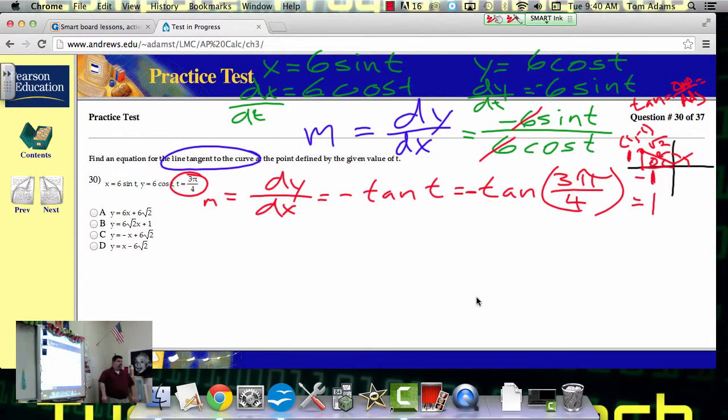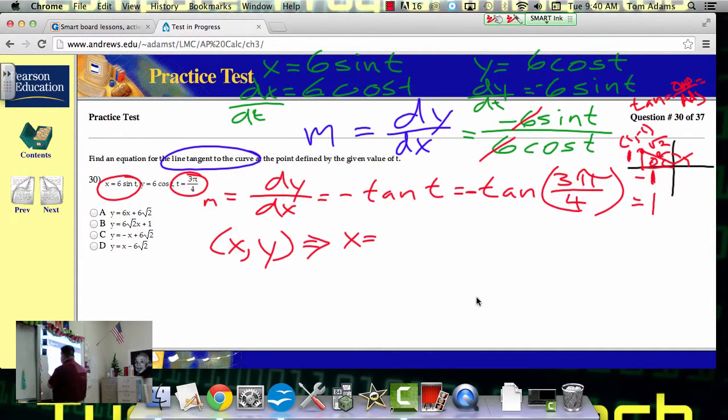Got that done. Now I've got to find the point. My point is x comma y, and x is equal to 6 sine of t. Sine is opposite over the hypotenuse. So x is 6 sine of 3 pi over 4.